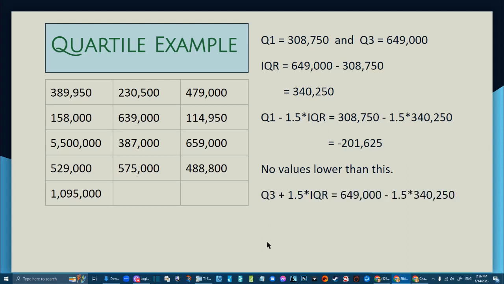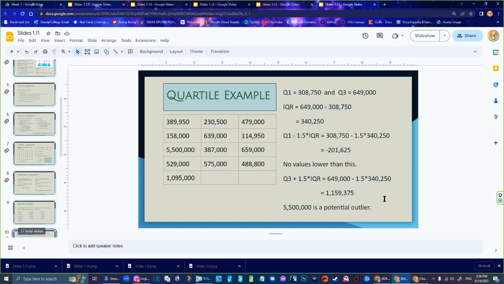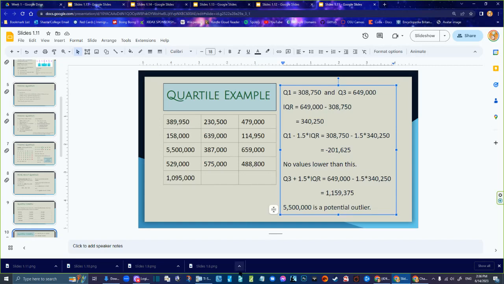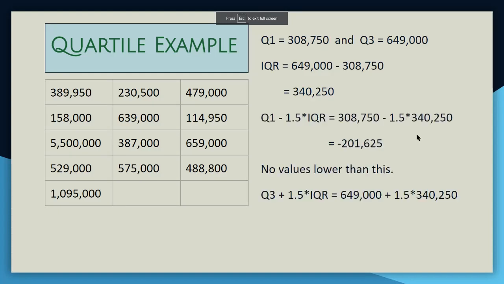We're going to repeat for the third quartile and our upper bound. Remember, on the upper edge, we want to add instead of subtract. And again, I found a typo, and I am sorry. Let's fix that. When I did that calculation, I got 1,159,375.